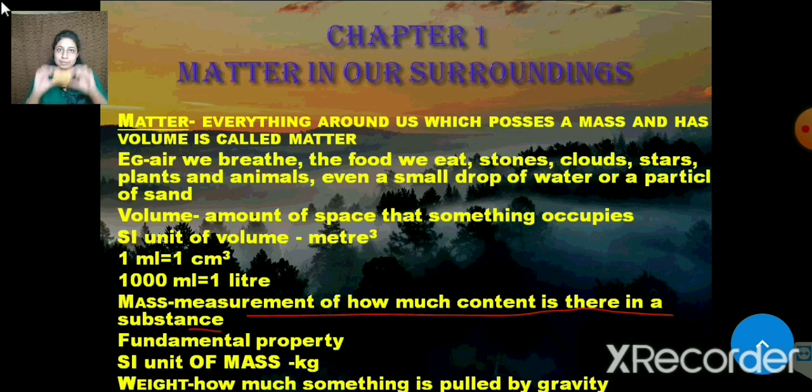Now, if this box is 100 gram, that means if we open this box, the total content in this box and the cover of the box, everything makes 100 gram.